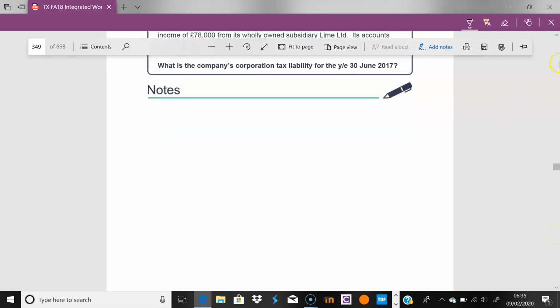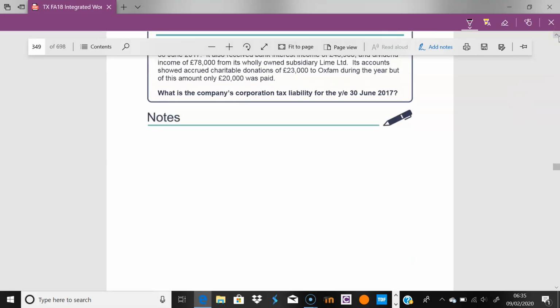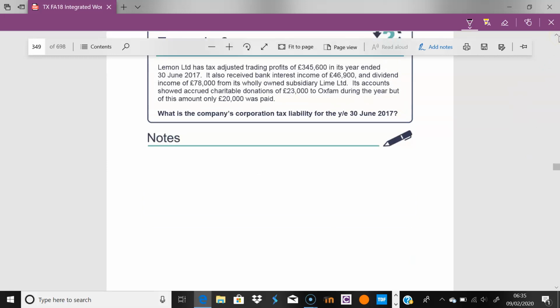And the same thing literally for this. Here they want you to break it up because they're giving you the 30th of June, to force you to just have a go. Here we have the 1st of July 16 all the way to the 30th of June 2017, and it's just watching out for what happened at the 31st of March 2017.